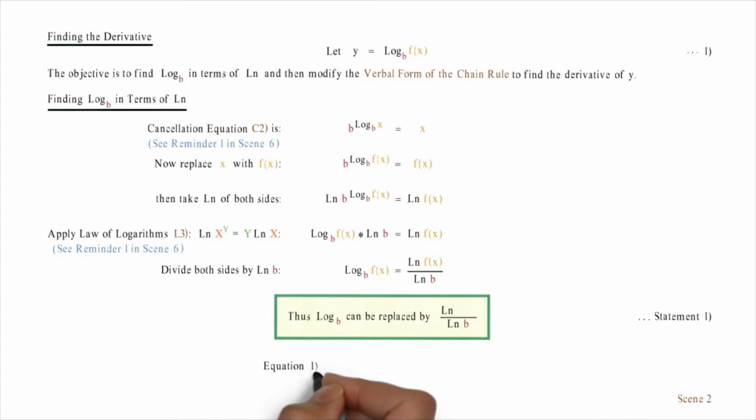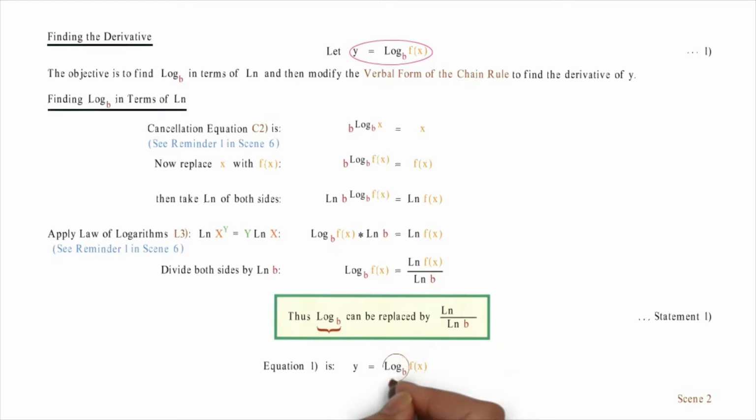Equation 1 is now replace log base b with ln divided by ln of b. Call this equation 2.